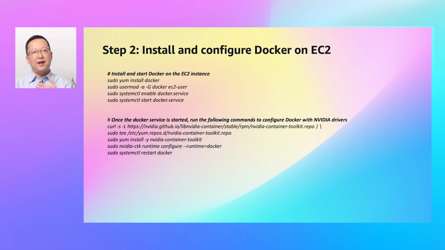Then install and start Docker on your EC2 instance. After Docker is installed and its service is running, just configure Docker to work with the NVIDIA drivers by running the commands shown in this slide.